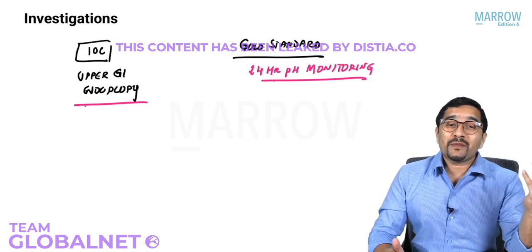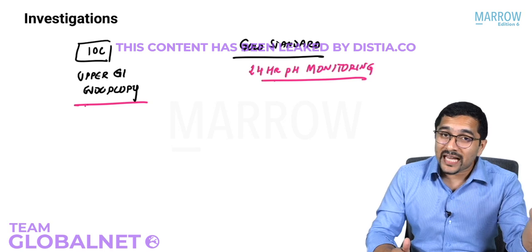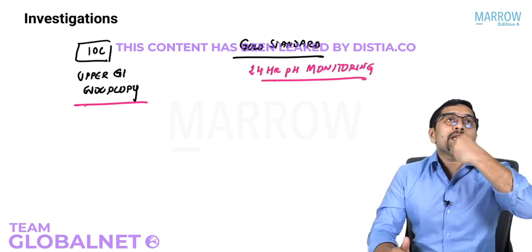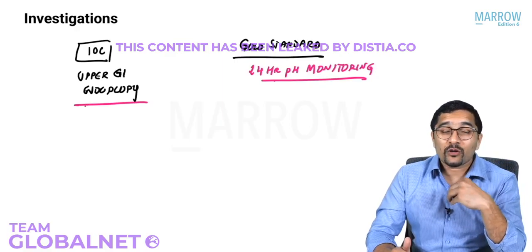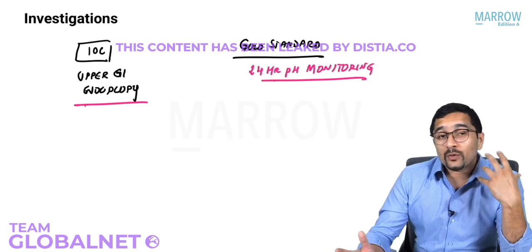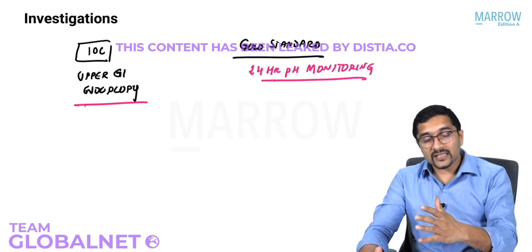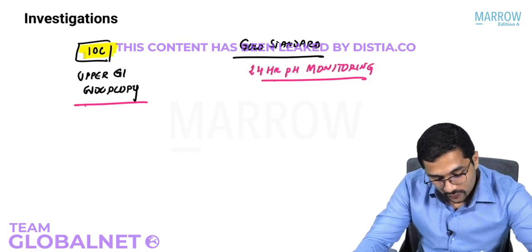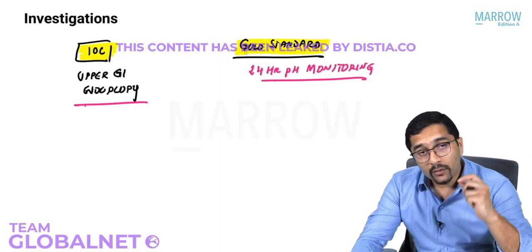But it might not be the most practical investigation to carry out. Like 24-hour pH monitoring means you have a pH probe sticking out of your mouth for 24 hours. That is not practical, not to be done in all patients. So that is why that is the gold standard. But the investigation of choice is endoscopy, and there should be no confusion between these two because both have been asked in the exam.